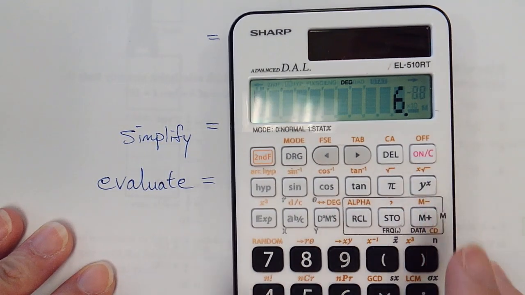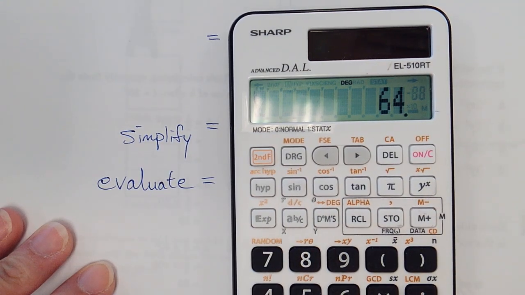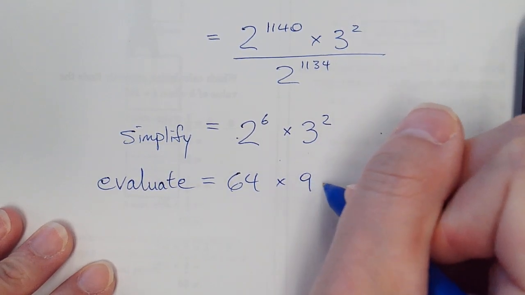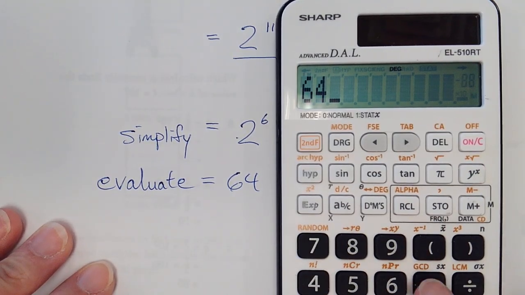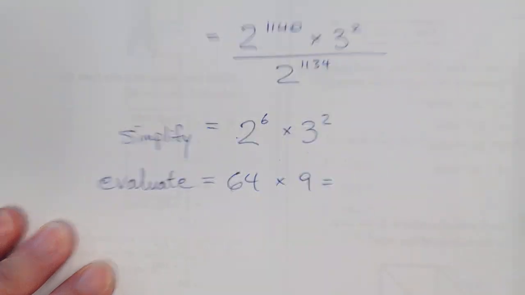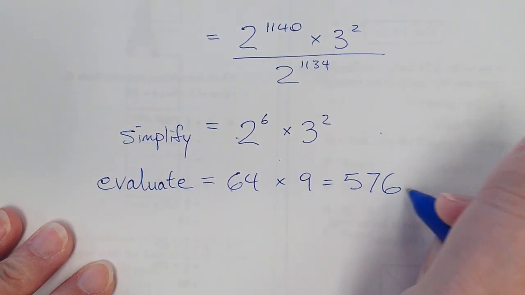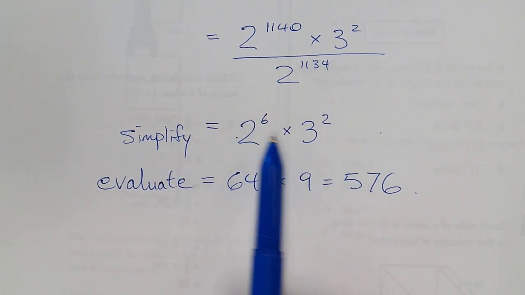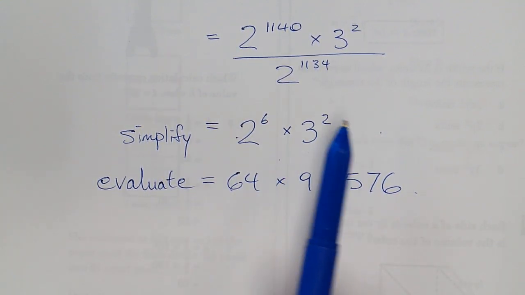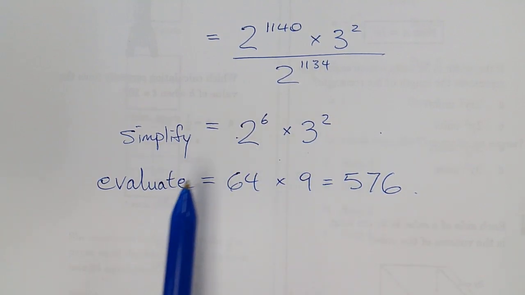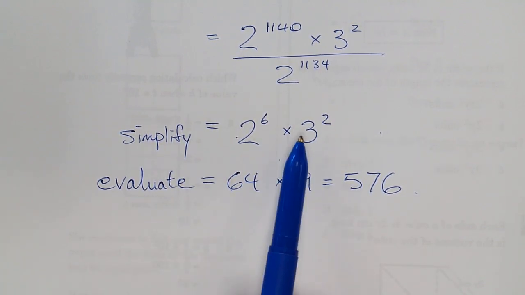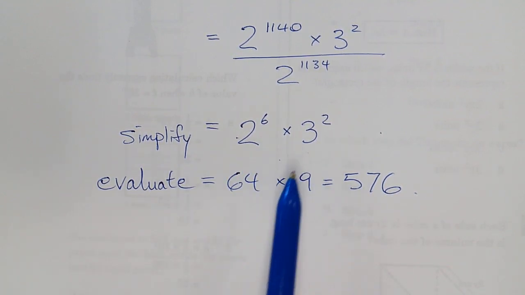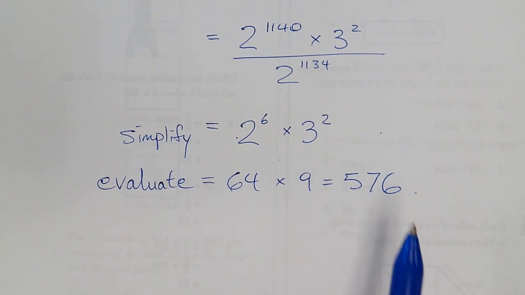Then you would do 2 to the power of 6, 64. 3 squared, 9. So 64 times 9, 576. Okay, so if it says simplify, this is your answer. You cannot reduce anymore. You cannot simplify anymore. Even though you're so tempted to do more, you cannot. If it says evaluate, then you would get a final number answer.